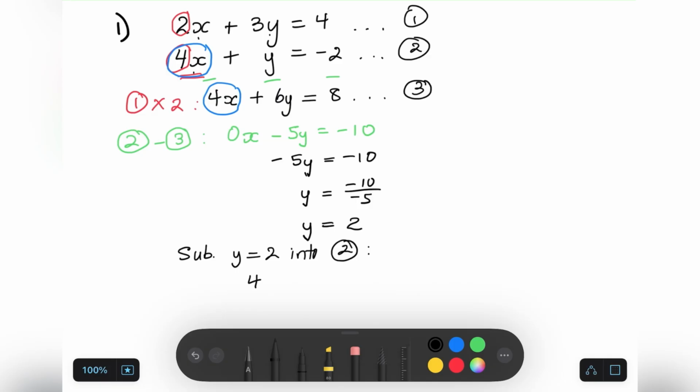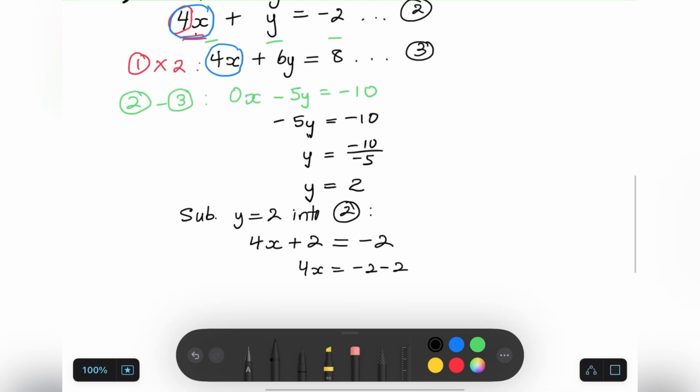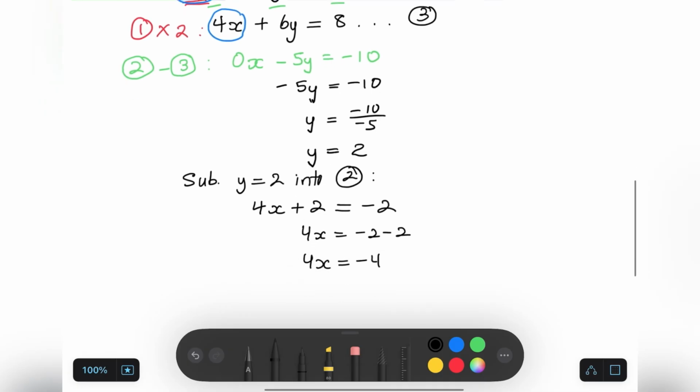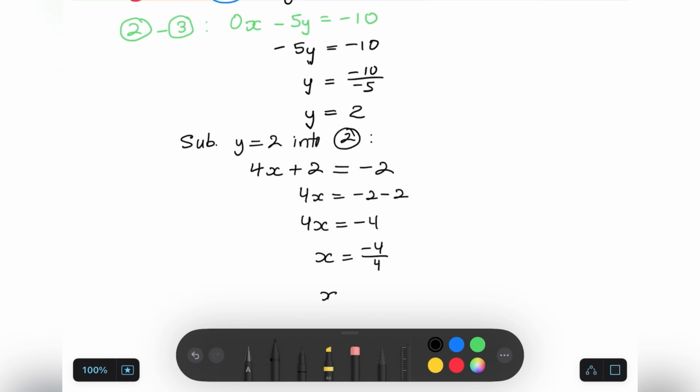So I'll say 4x plus 2 is equal to negative 2. So therefore, 4x is equal to negative 2 take away 2, which would mean that 4x is equal to negative 4, and therefore x will be equal to negative 4 divided by 4. That gives me x is equal to negative 1.